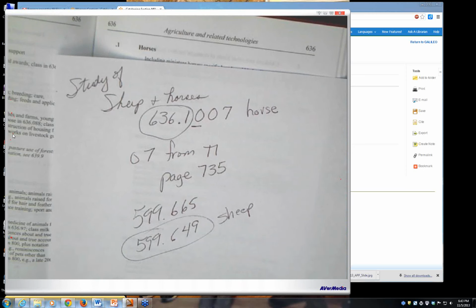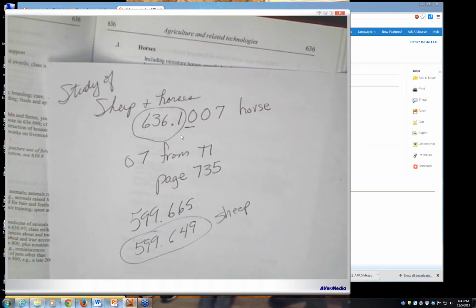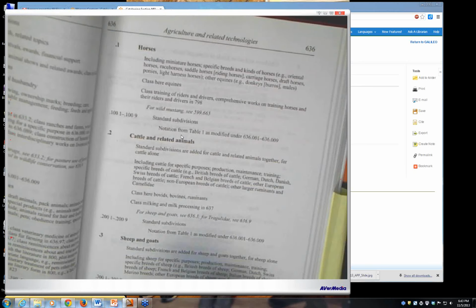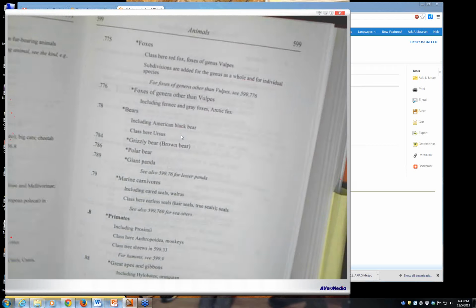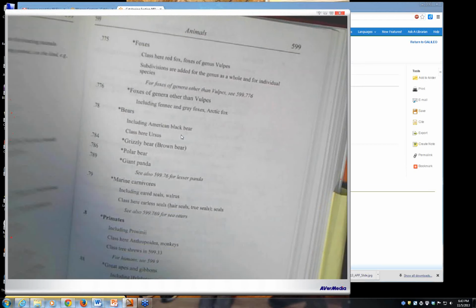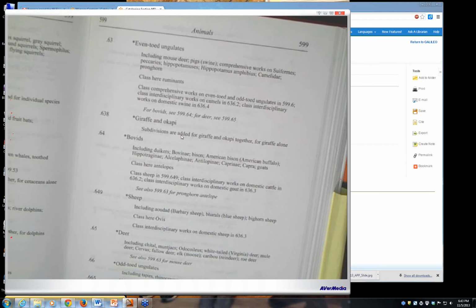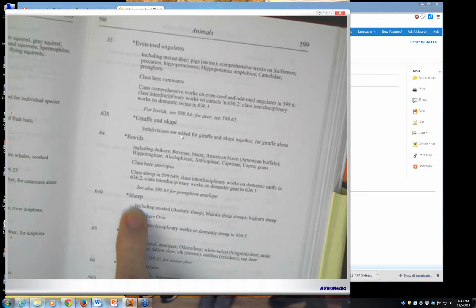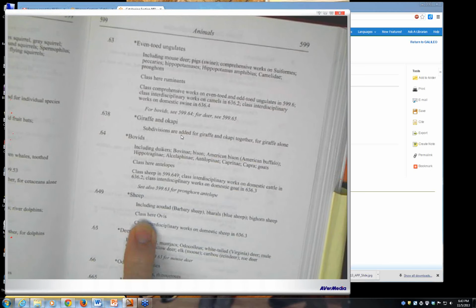So I'm looking to see that you know the rule. The rule here would be first of two, because there's no citation order note. If we look at 599.649, we see sheep, and there's no note here about Table 1, standard subdivision.